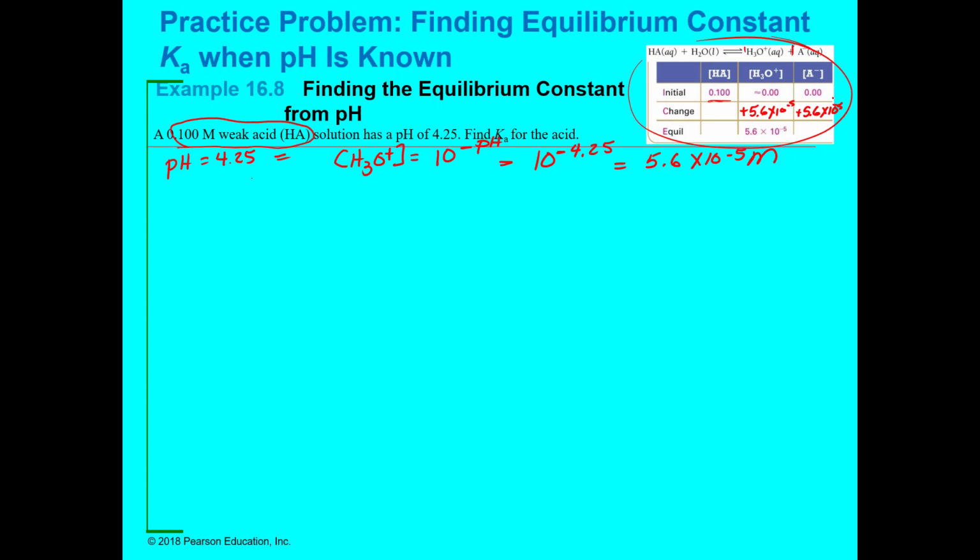Since it's also 1 to 1 to 1 on the reactant, that means it had to go down 5.6 times 10 to the minus 5. So at equilibrium, these two are 5.6 times 10 to the minus 5. This one is 0.1 minus 5.6 times 10 to the minus 5. Y'all with me?